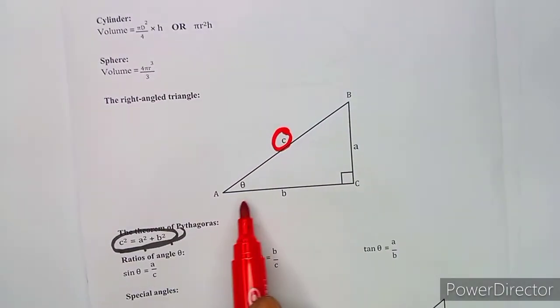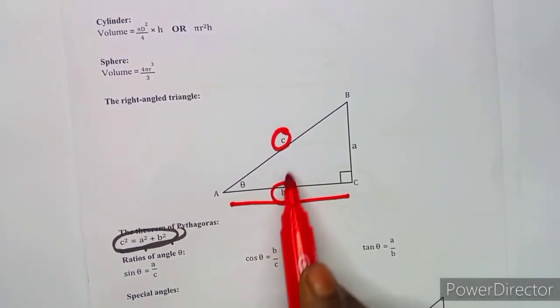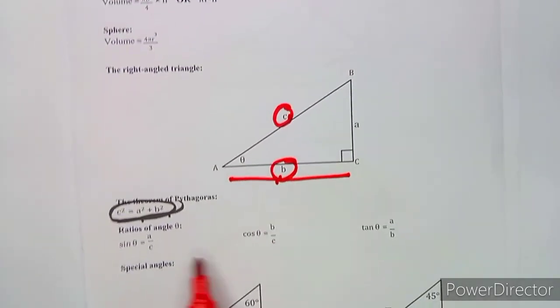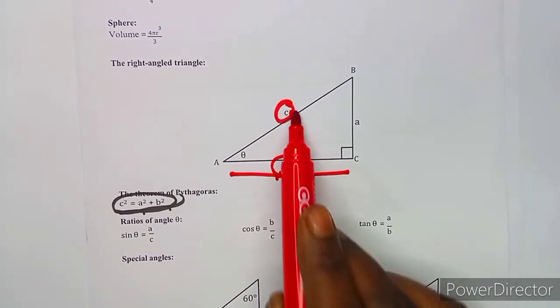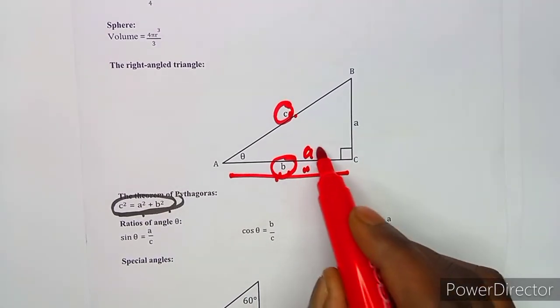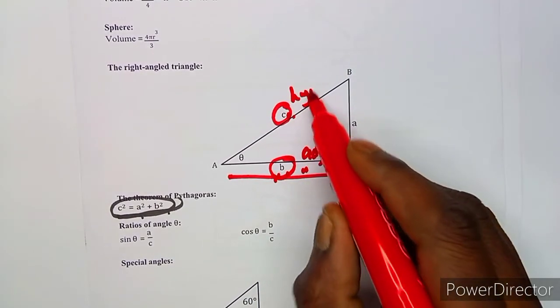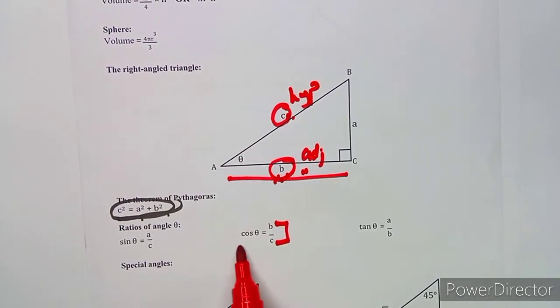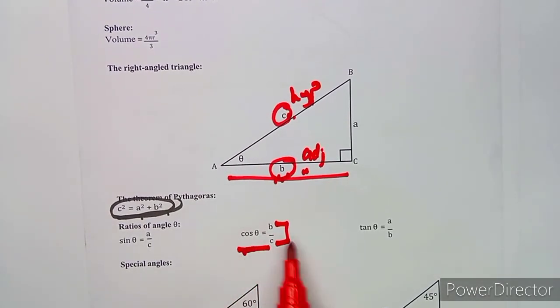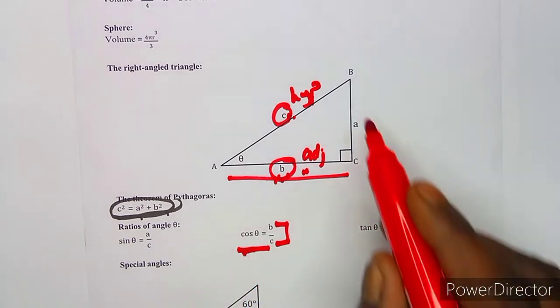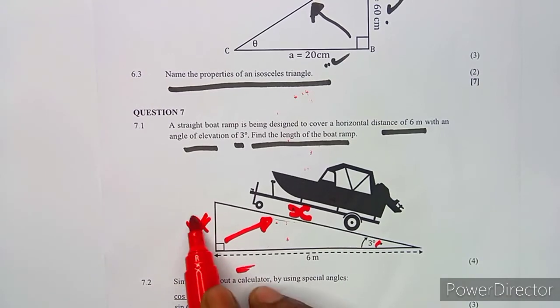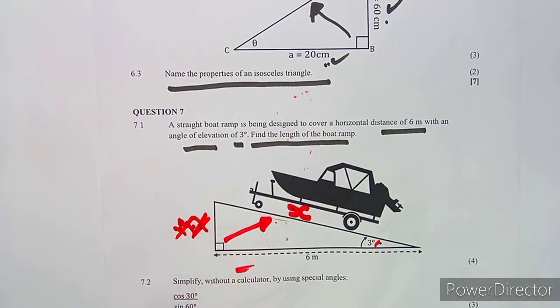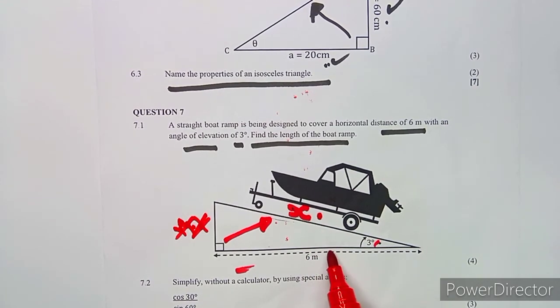So which means we are given C and B, and which ratio uses C and B, which is the adjacent and the hypotenuse. So you've got B and C on cos, so you're going to use the ratio of cos. That is where we only have B and C, because this one is not given. We are not working with this side, so there's nothing that you're going to take here. Work with what you are given and what you want to calculate.